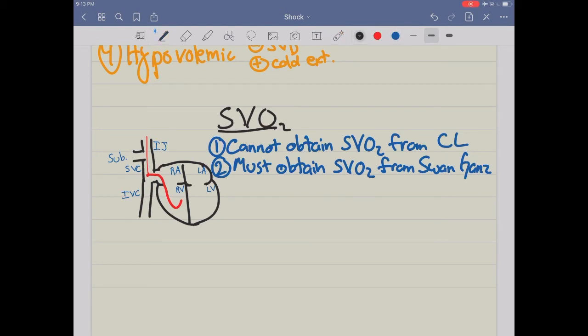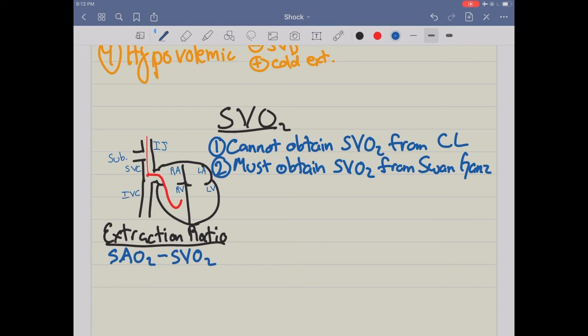So what we need to learn next is what's called an extraction ratio. I hope some of you have heard this term before. If not, it's not a big issue. It's fairly simple in concept. This is basically our SaO2 minus our SVO2.